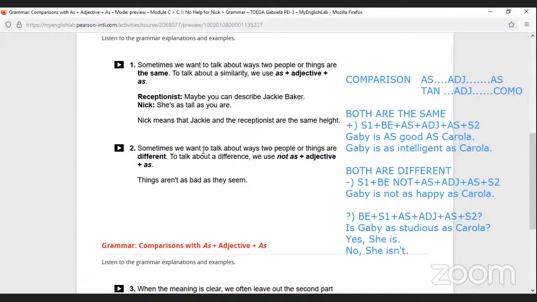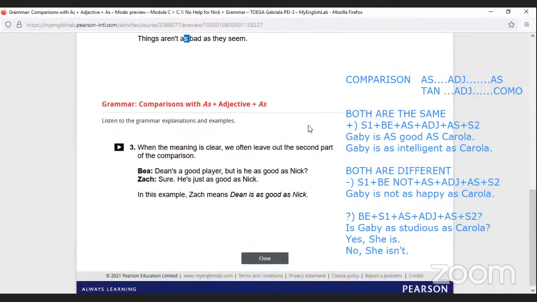When two people or things are different, we use the negative way: not as, adjective, and as. Things aren't as bad as they seem. So different. We could make questions.